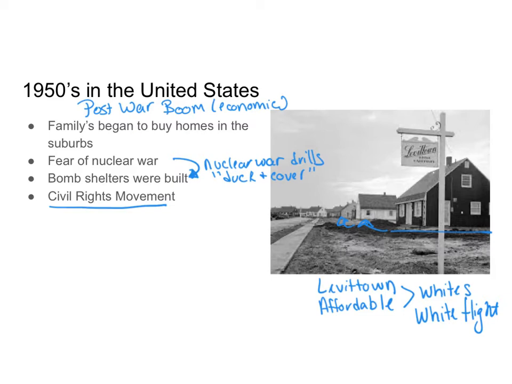We're going to spend a whole lesson on the civil rights movement and go a lot further into what life was like for Americans during the civil rights movement as well. So I'm not going to spend a ton of time on it right here, but just knowing that there were these two parallels at the same time of this white suburban post-war boom, everything looks great, and then at the same time, a ton of inequality and racism taking place.